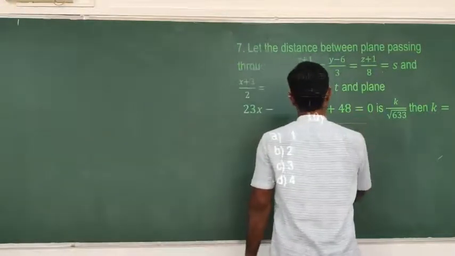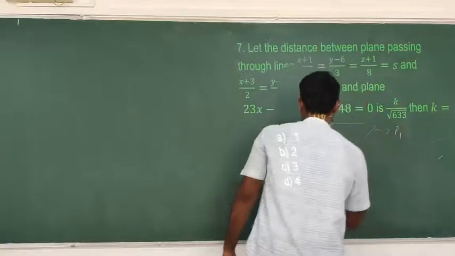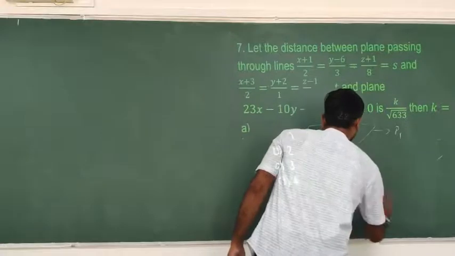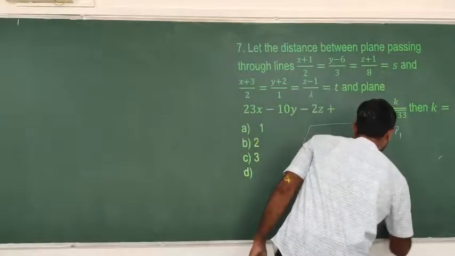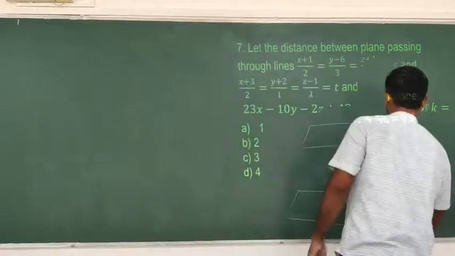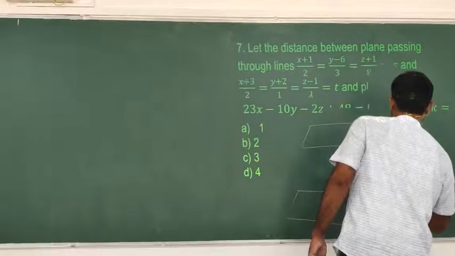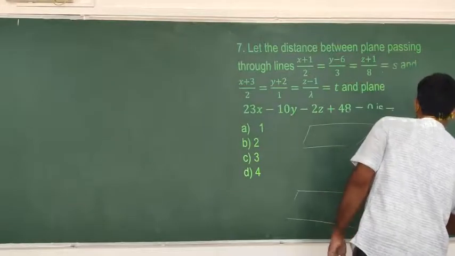So this is one plane, call this P1, and this is another plane P2. We know the equation of plane P2: 23x minus 10y minus 2z plus 48 is equal to 0.